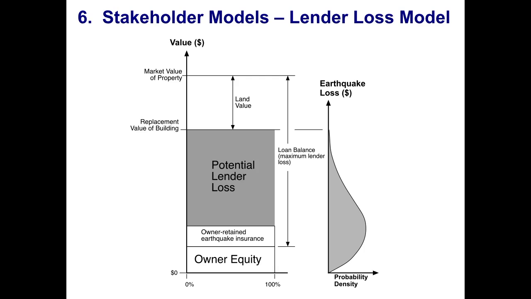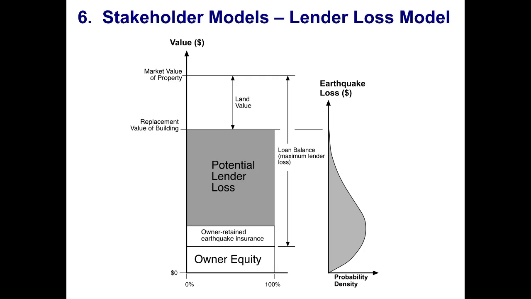So if we proceed from the lowest level of losses and bin the various different losses, then we can compute the expected loss to any of the different stakeholder parties.